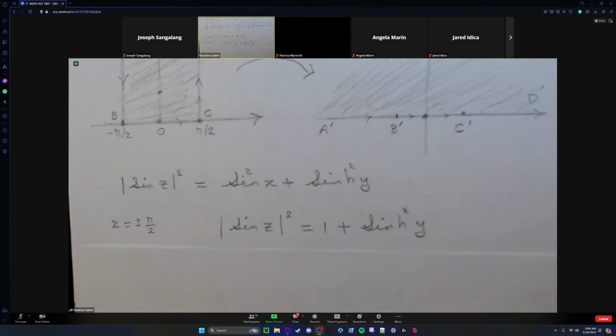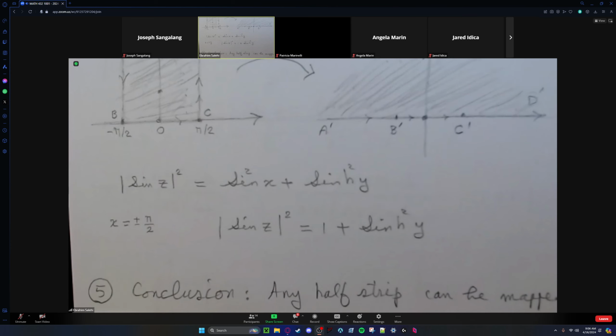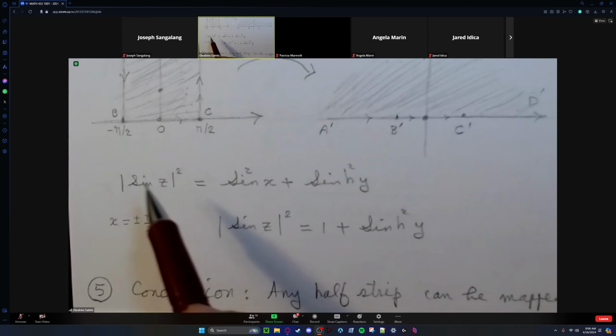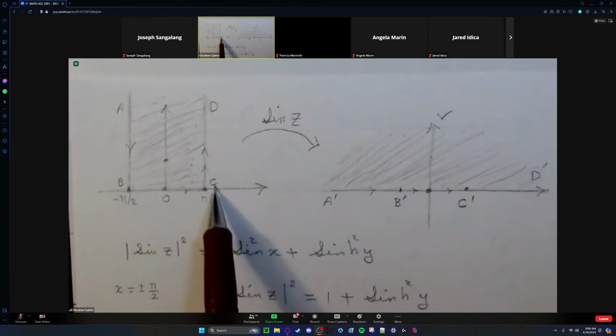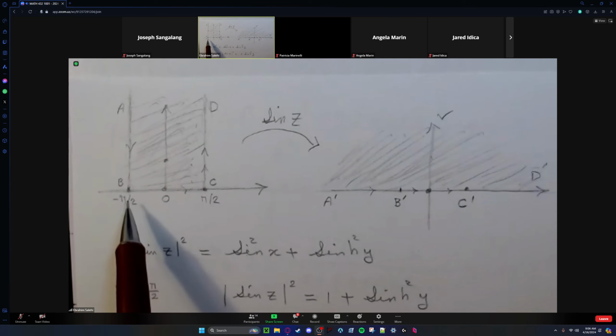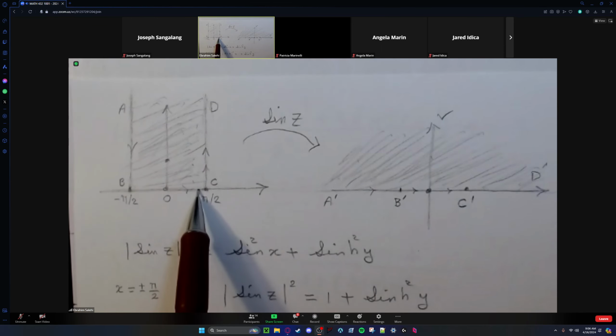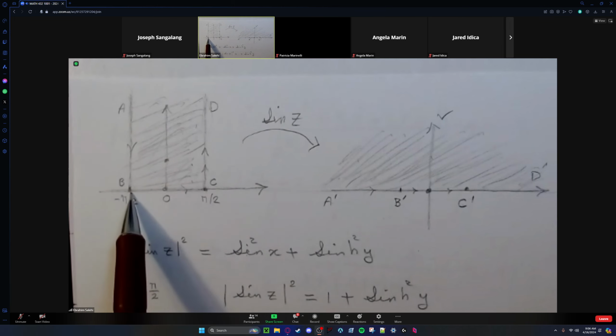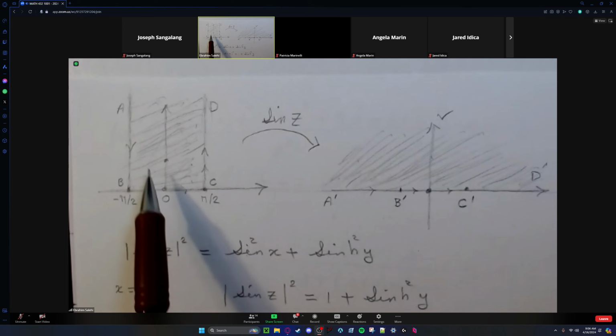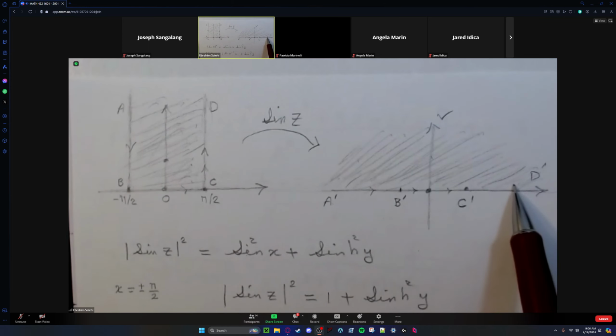This is what we get, okay? Conclusion. This half a strip, the width is pi, right? Remember this, the width is pi. If you apply sine z, you get upper half plane.